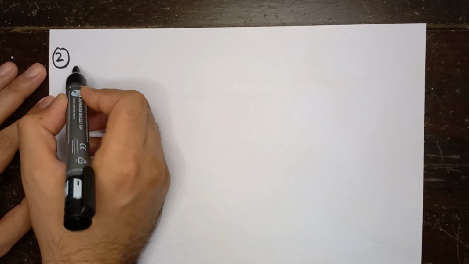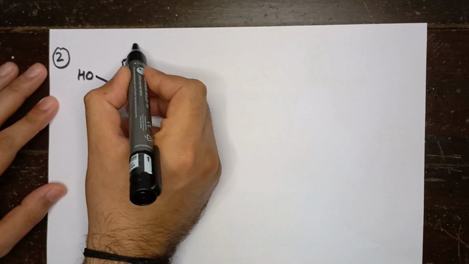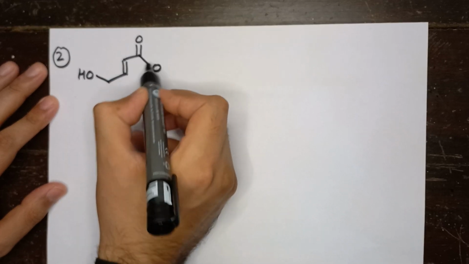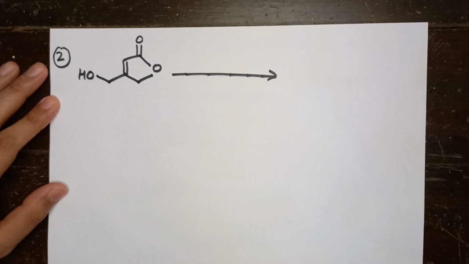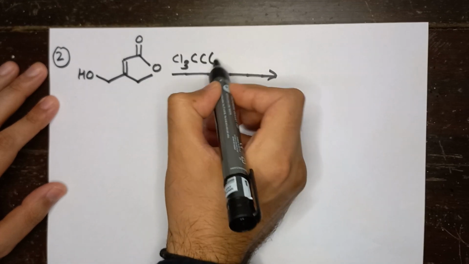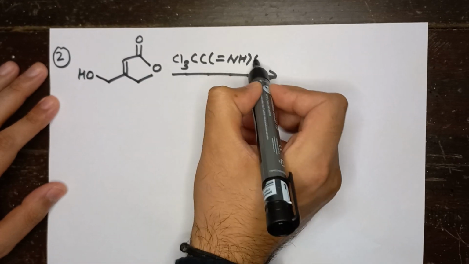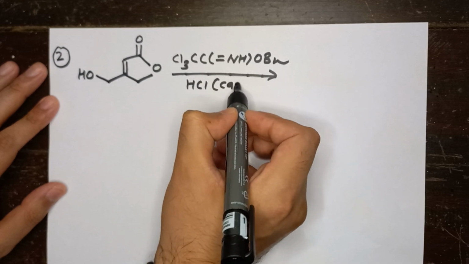Okay, so for the second question, this time we have a primary alcohol bonded to this particular lactone type of system, and the reagent we are using is the same. We are using Cl3C, C double bond NH, OBn. We are using HCl in catalytic amount.